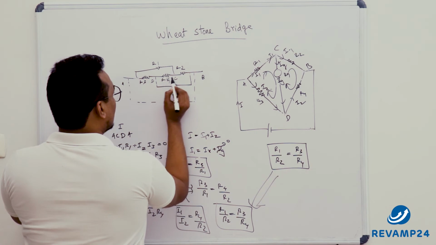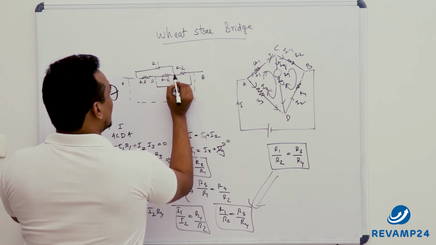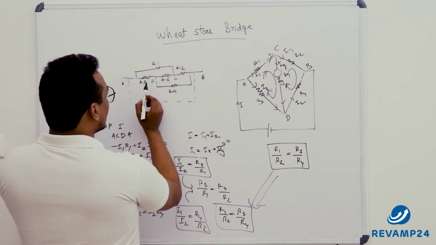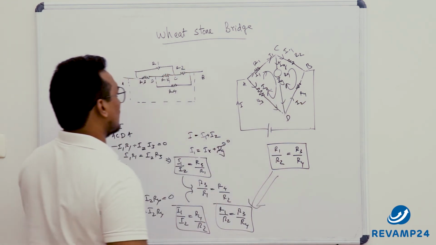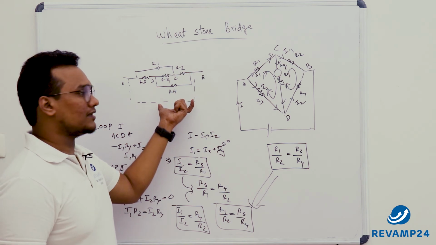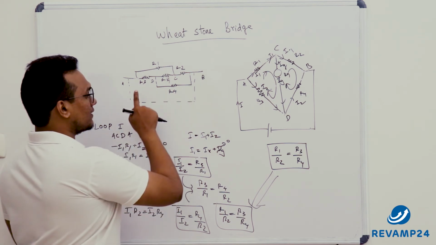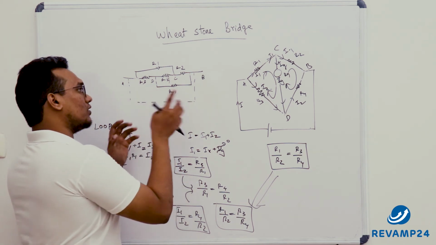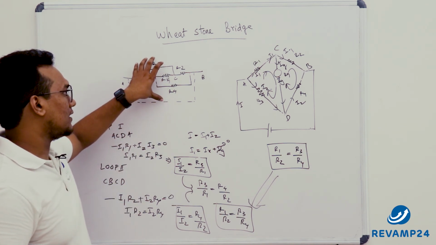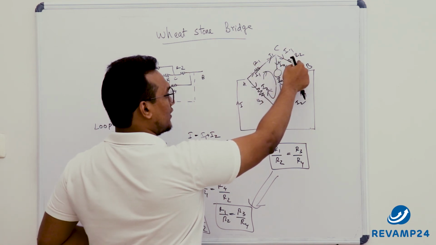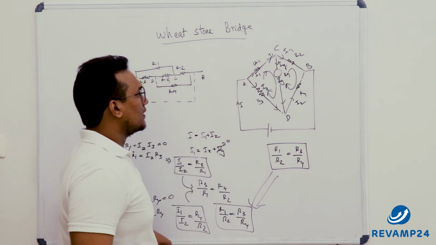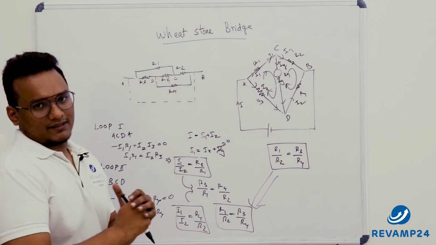At C, RG, R1 and R2 are connected. And at D, R3, RG and R4. So if your circuit is given in this way, then check as per this diagram, or simply, if it is given in this way, immediately redraw it in the standard way, then you can take the ratio. This divided by this is equal to this divided by this. And that's it.